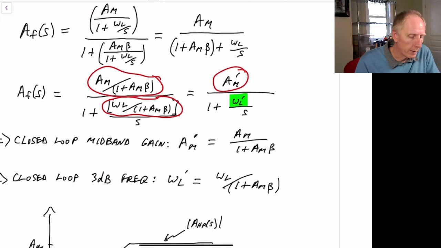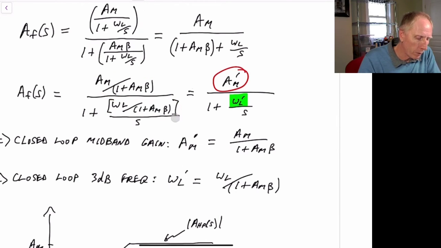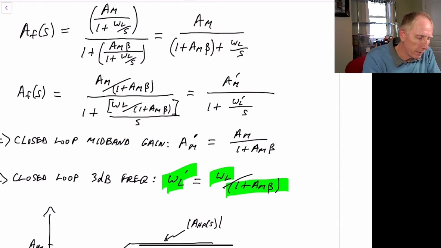So our midband gain has changed the same way, but omega L is now divided by 1 plus the loop gain, whereas omega H was multiplied by it. And you can go through the math and see that for yourself. So omega L prime is the original omega L divided by 1 plus A beta in this case.